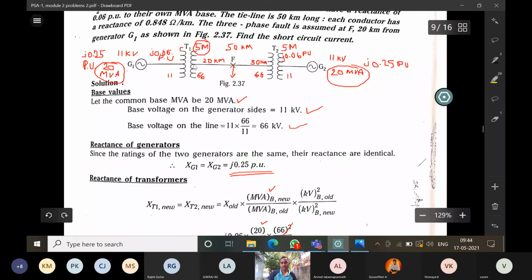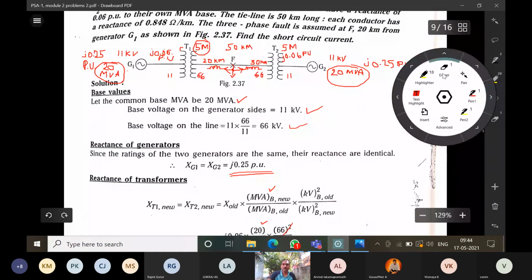We cannot take the total reactance here because the fault is in the middle of the transmission line. Fault current will enter from both sides, and the currents are reverse in direction, hence it is parallel, not series.